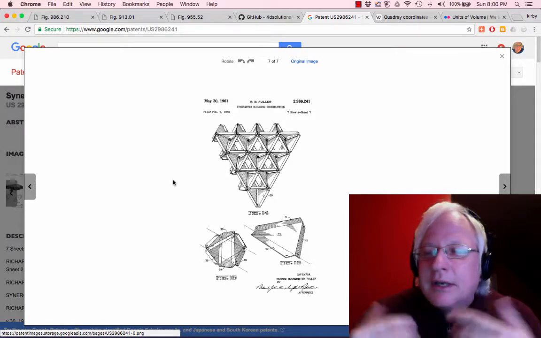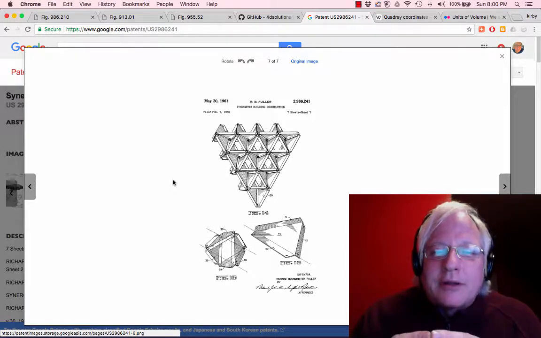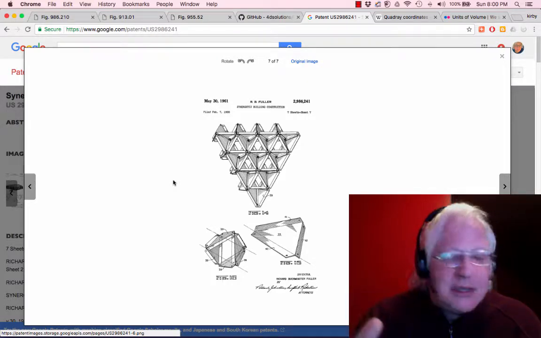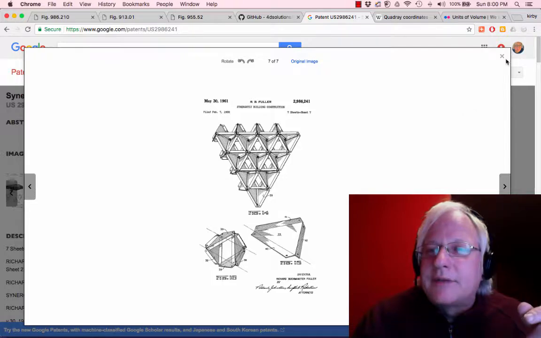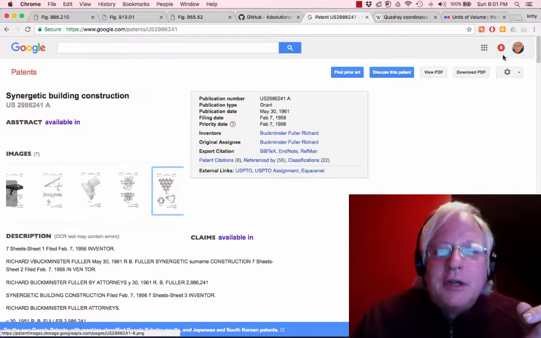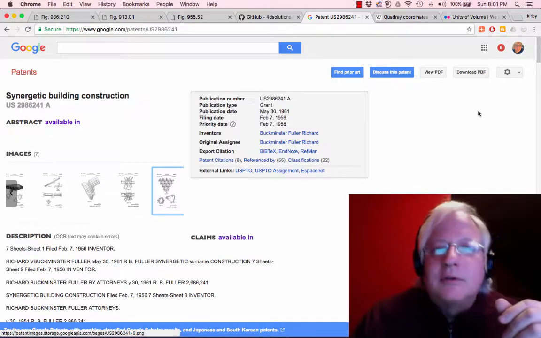And that means future patents along the same lines have to cite his. It's kind of a whole other database of citations outside of scholarly writing. You've got the whole patent database, which Google has nicely organized now.